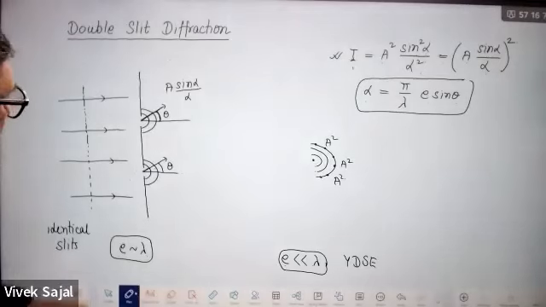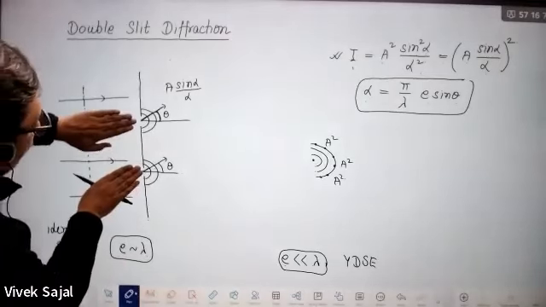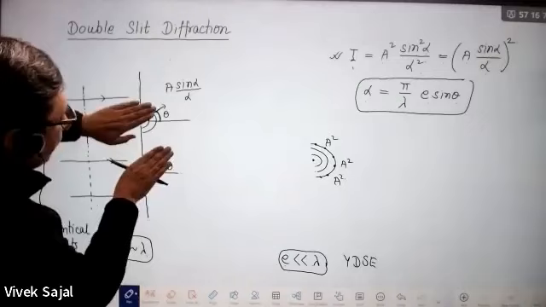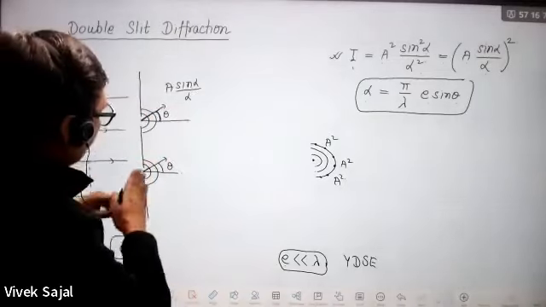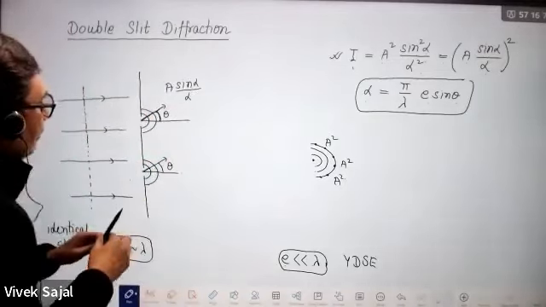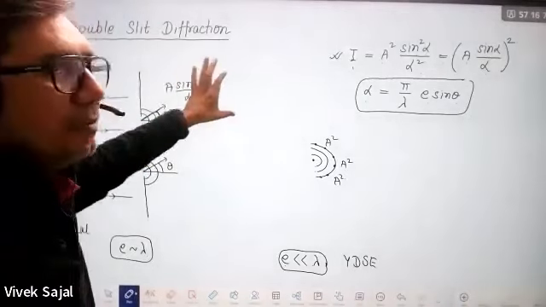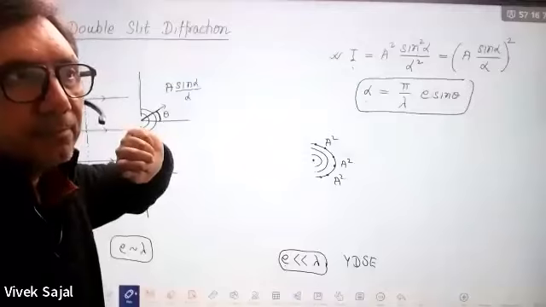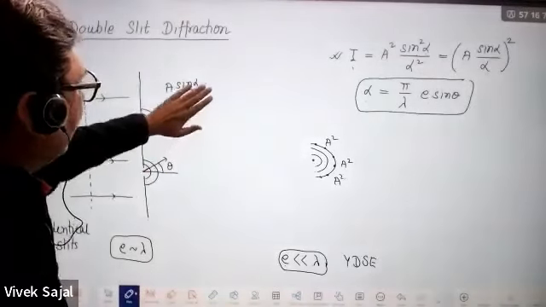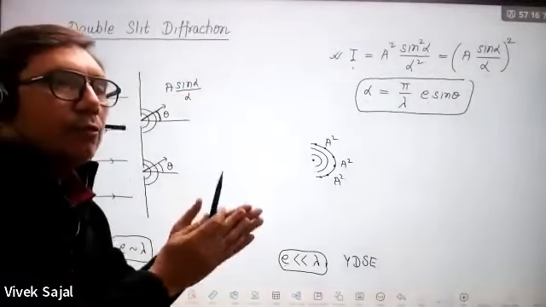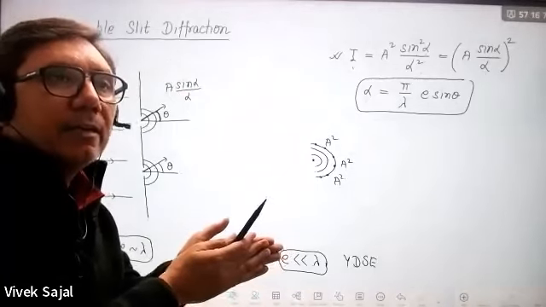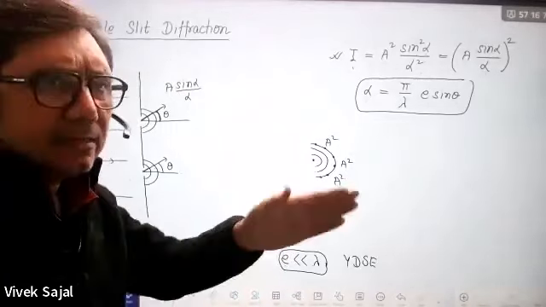Now these are two light waves traveling parallel to each other, so they are going to overlap with each other at infinity, at very large distances.